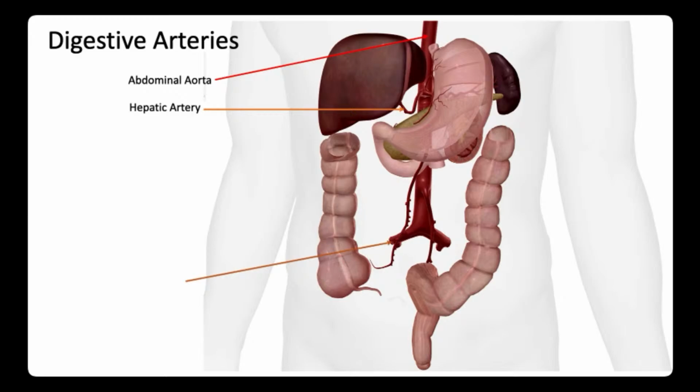And here, that's right, external iliac arteries. What about here? Yes, inferior mesenteric artery. How about here? That's right, superior mesenteric artery.